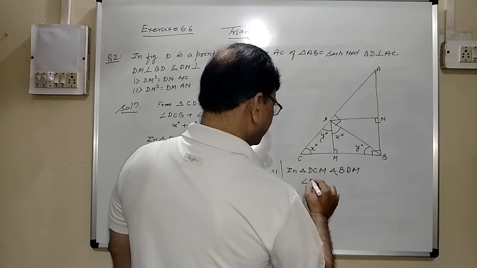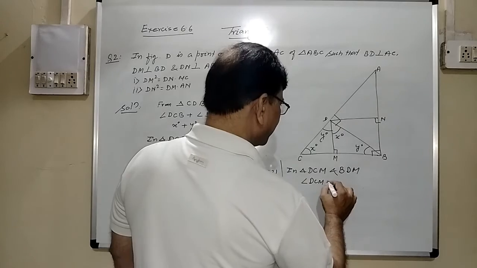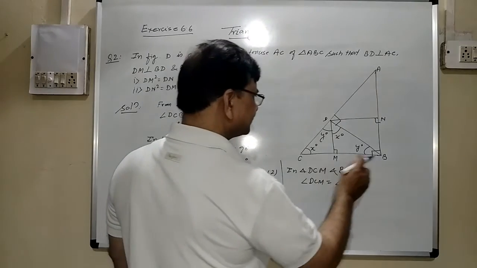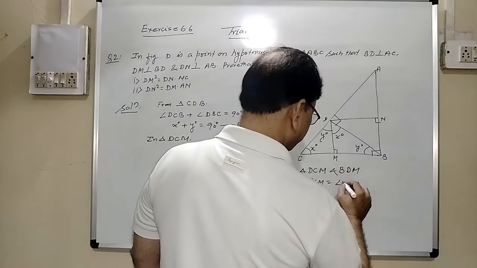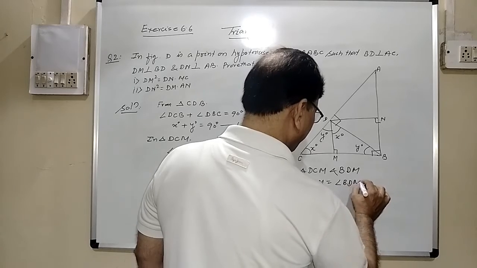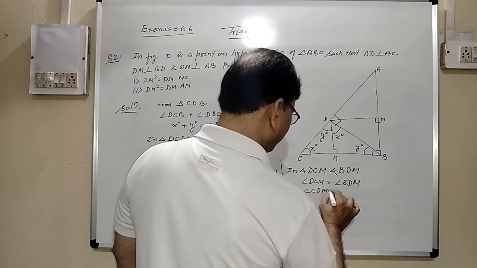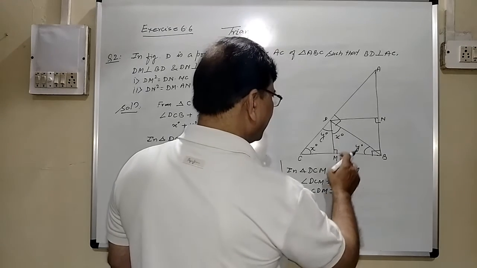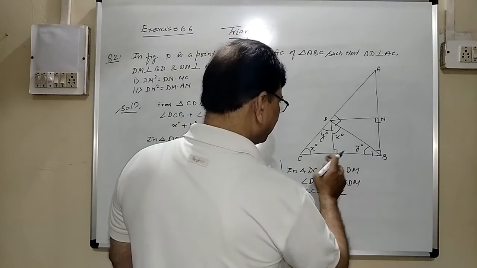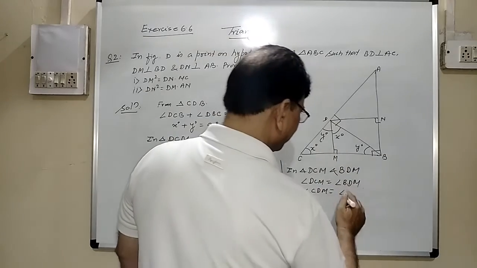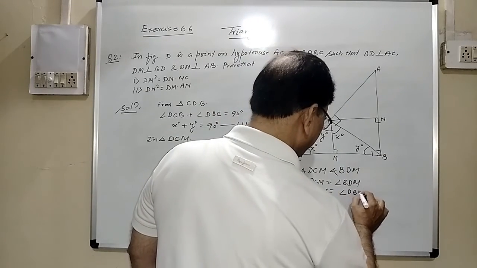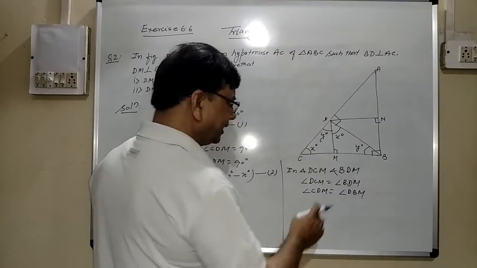Angle DCM is equal to angle BDM, and angle CDM is equal to angle DBM. Right?